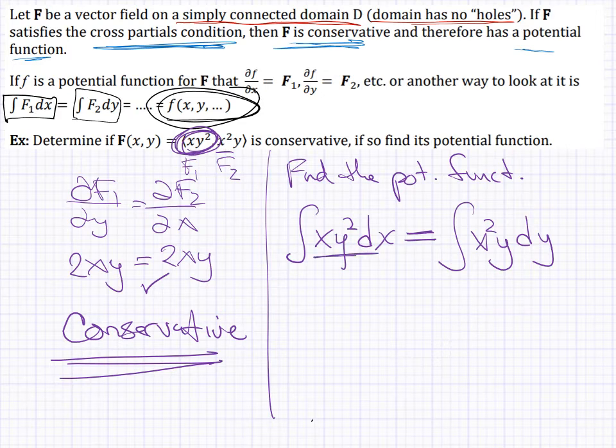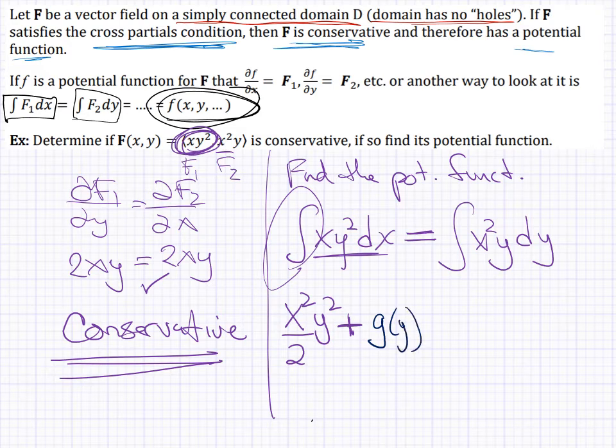So if we did this integral with respect to x, y is treated like a constant. And therefore I would get x squared over 2 times y squared. But this is an indefinite integral, so I should have a plus c. However, c isn't necessarily a constant, but it's a function of everything I held constant. Well, I held y constant, so really it could be some function of y.